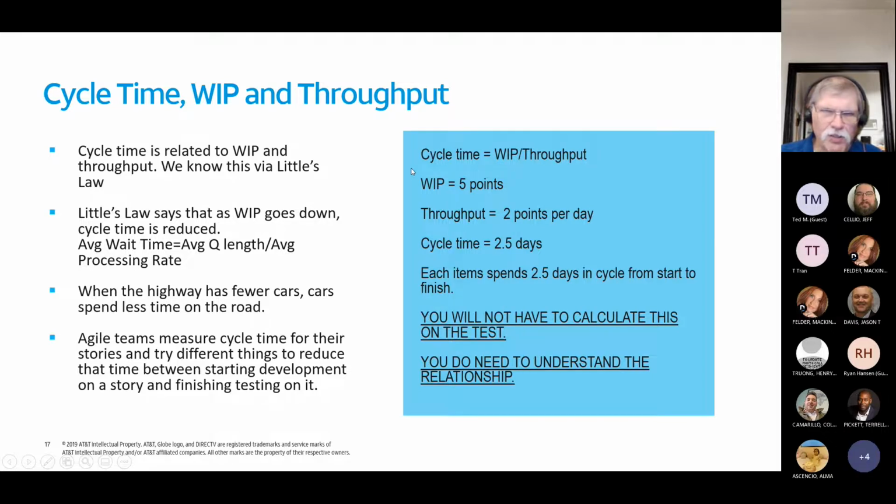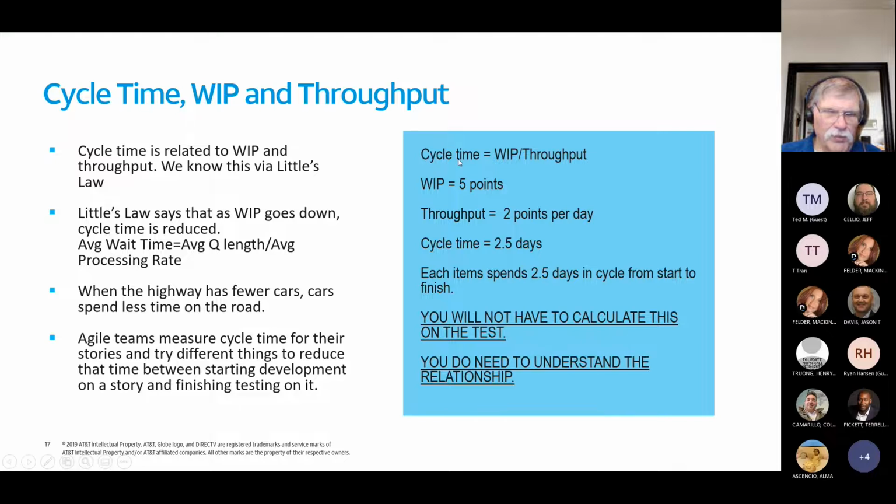Know how this equation is set up. The cycle time is equal to work in progress divided by throughput. So in this example, you're not going to have to do the calculation itself. Know what the relationships are, though. The cycle time is equal to WIP divided by throughput. Okay.